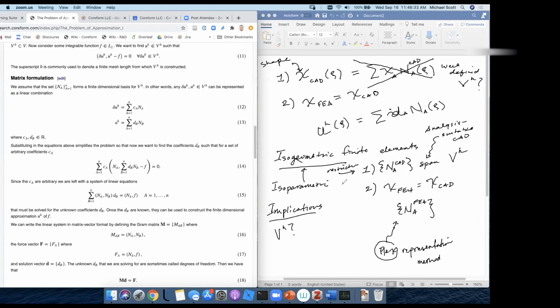Okay, and both of these methods fall under the umbrella of isogeometric finite elements, but the field is still so young that we're still in the process of defining these two methods rigorously.